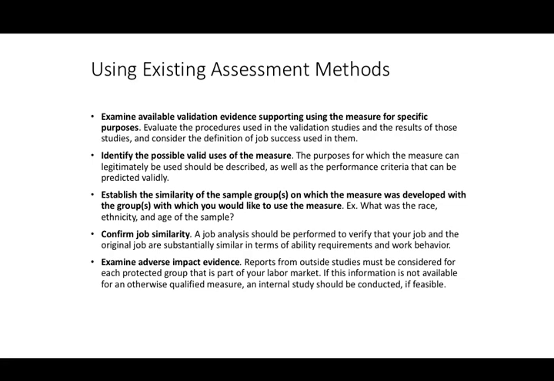Number two, identifying the possible valid uses of the measure. Again, we want to make sure we're using the measure as it was intended to be used. We cannot use it for groups of employees where it doesn't matter. For example, if you are giving a test for assessing whether or not someone's a good office worker, the last thing you want to do is to apply this to jobs that are not office work.